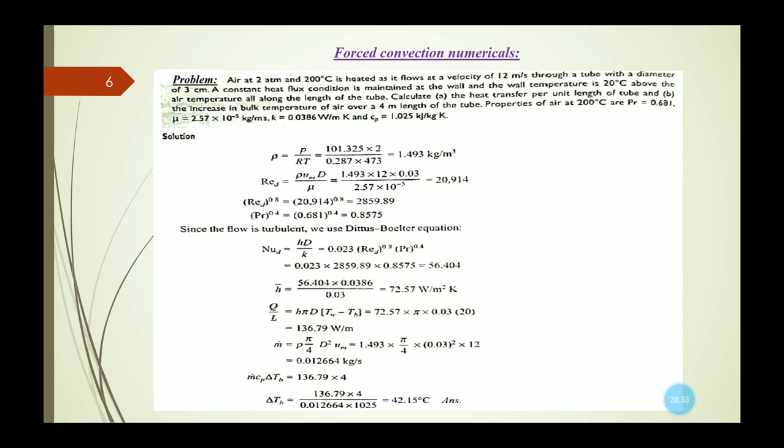The value of rho, d and u is known to us. You can calculate the mass flow rate. Now using this formula, m dot Cp into delta Tb, that is the bulk temperature of air, it is 136.79 into 4.